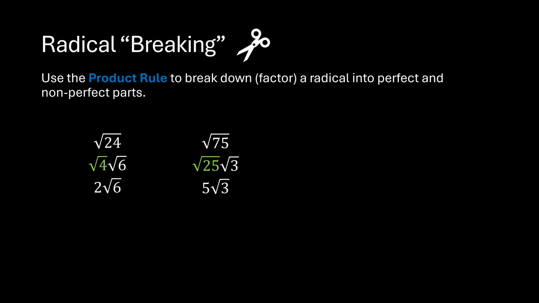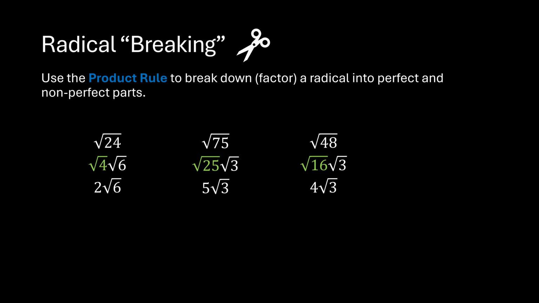You can type them into a calculator that gives you decimals. Type root 75, then type 5 times root 3. They're the same number. That's because we're using the product rule to find the perfect squares.